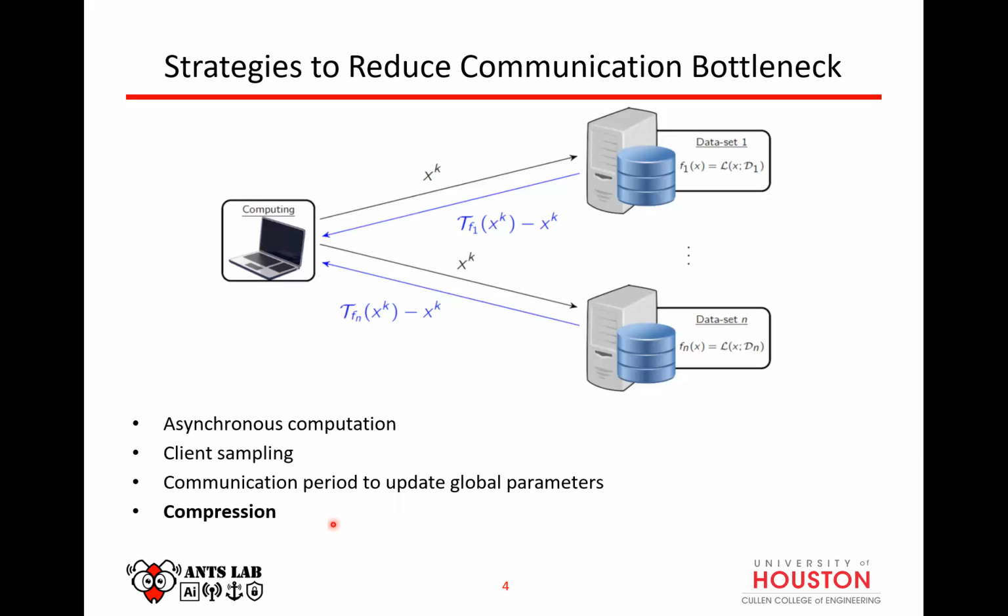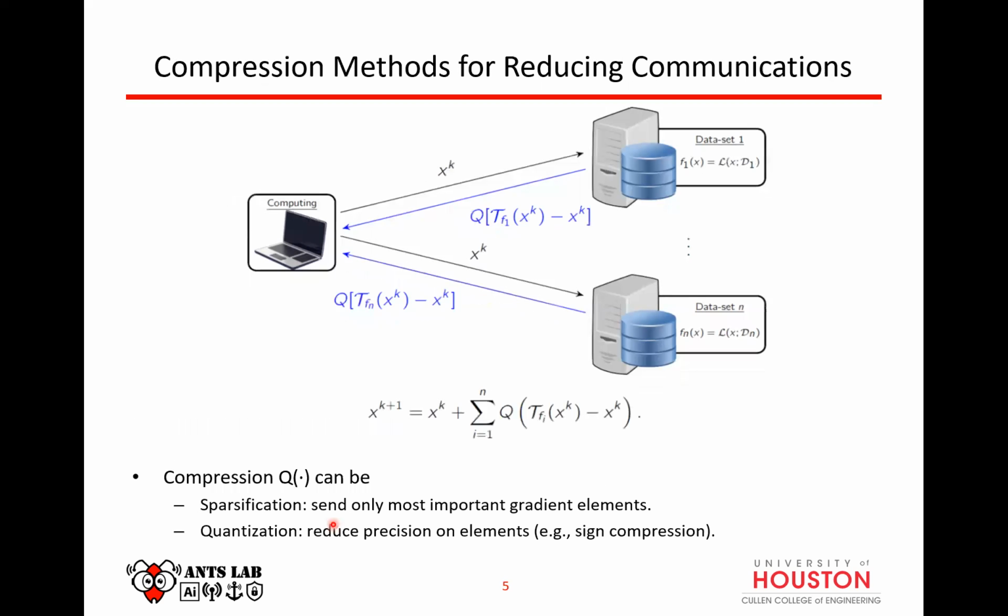The other most popular way of reducing this communication bottleneck is compression, whether weight compression or gradient compression, but model compression in general is the more popular way to achieve this. Talking about some popular compression methods for reducing communication, we can use the existing distributed framework where the model updates are quantized or sparsified.